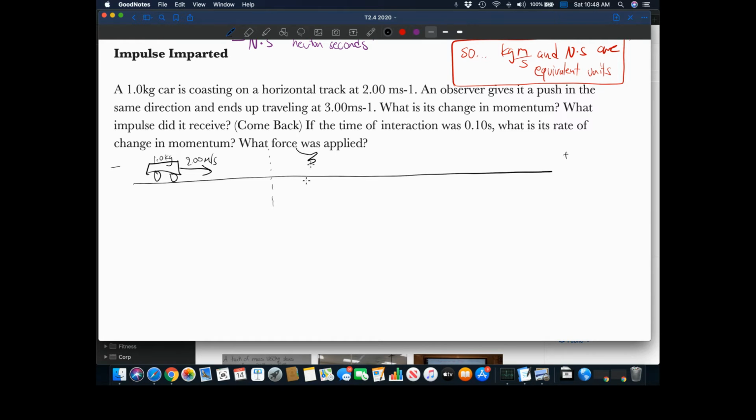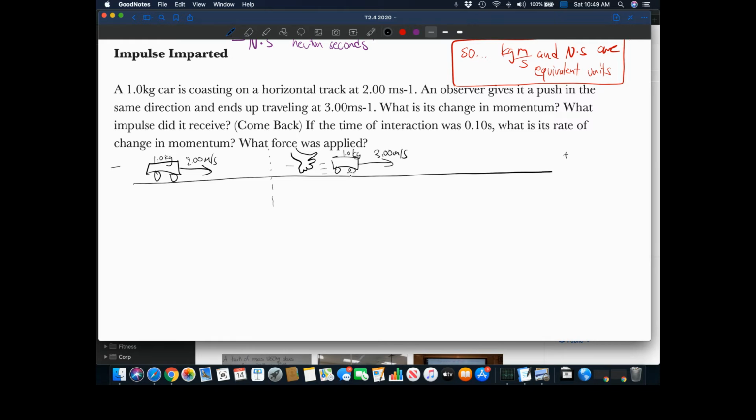We'll draw that person's hand, giving that cart a push. And after it gives that cart a push, it is now traveling at 3 meters per second. So what we see is that the person gave the cart an impulse.